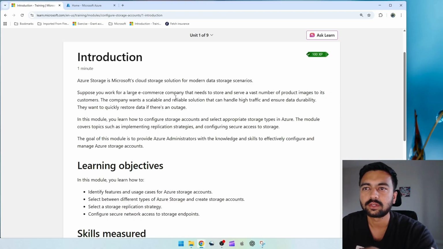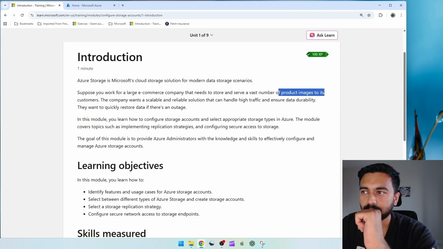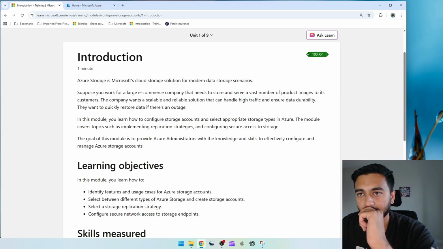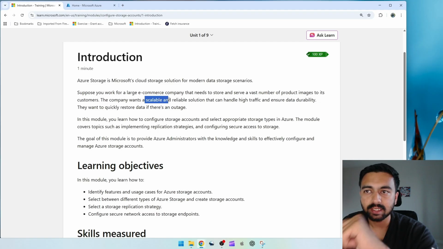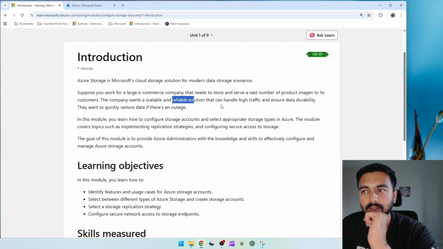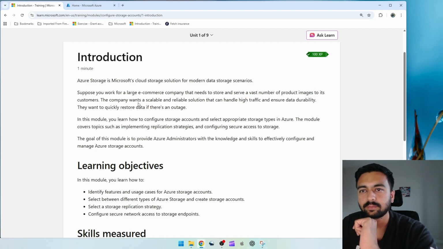Suppose you work for a large e-commerce company which needs to store and serve a big number of product images. The company needs a scalable and reliable solution that can handle high traffic and ensure data durability. So these are basically requirements or key points to note.